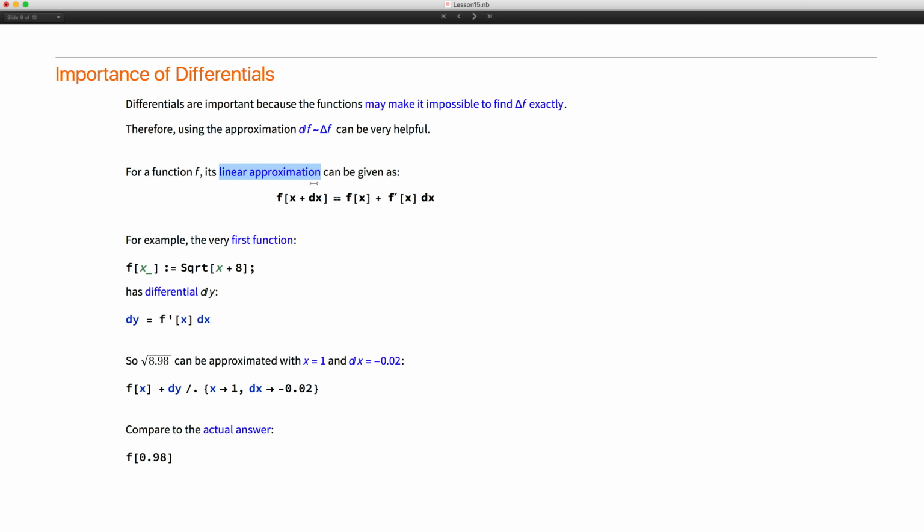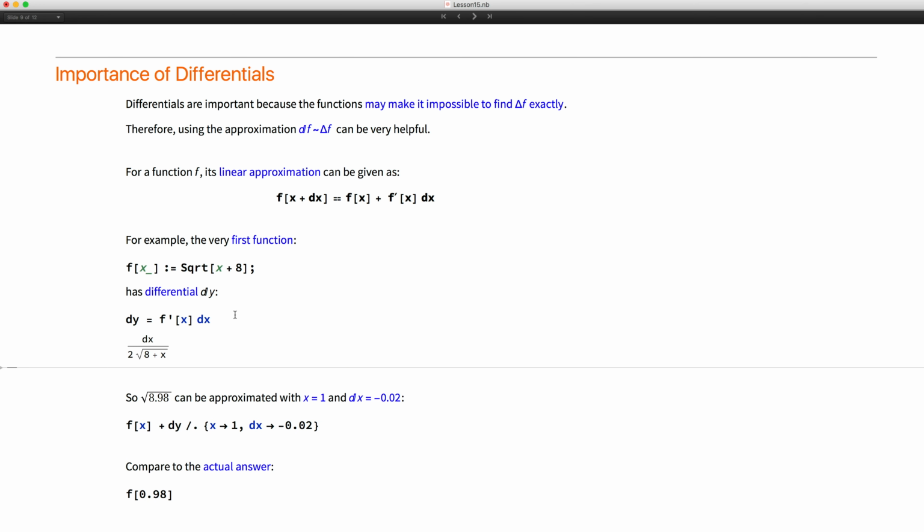So here's the equation for a linear approximation in the differential language. The value of f at x plus dx is the value of f at x plus f prime x times dx. As an example, here's the function square root of x plus 8 again. That's the differential.